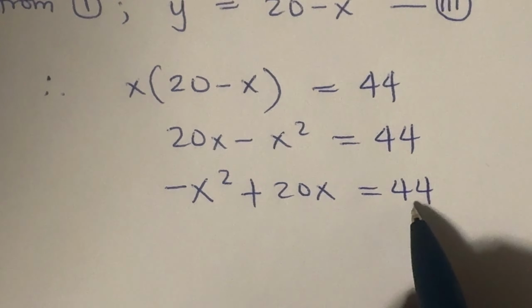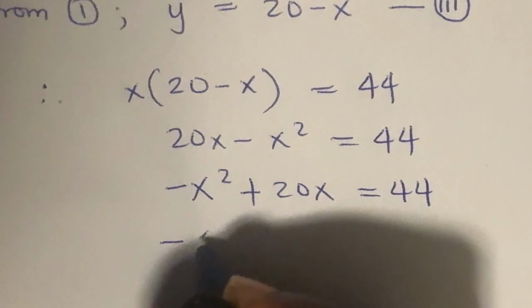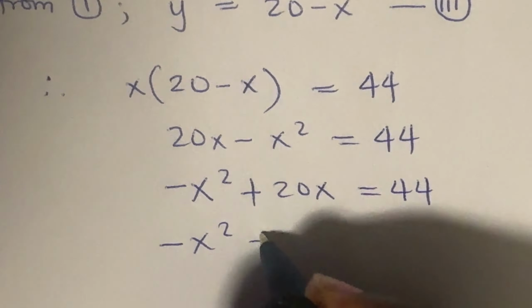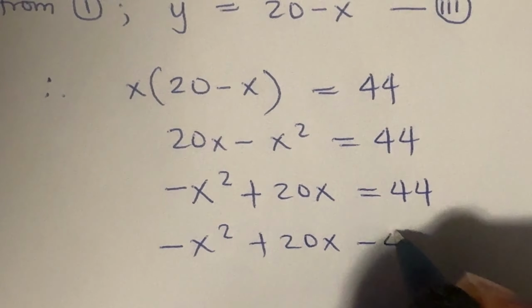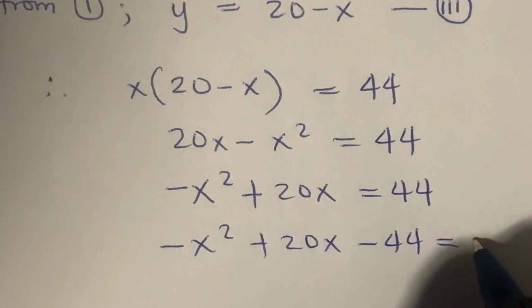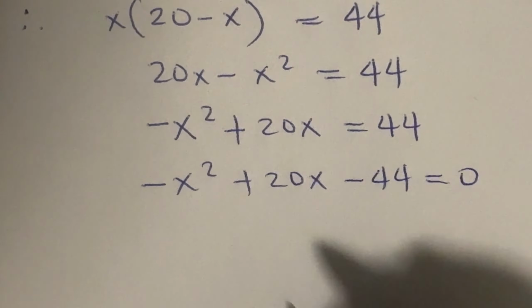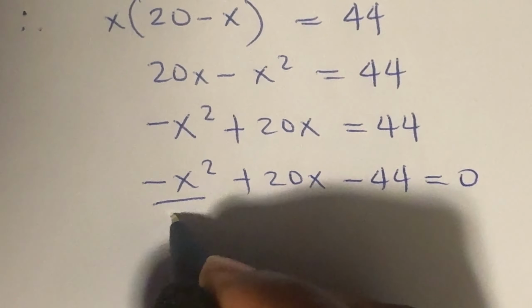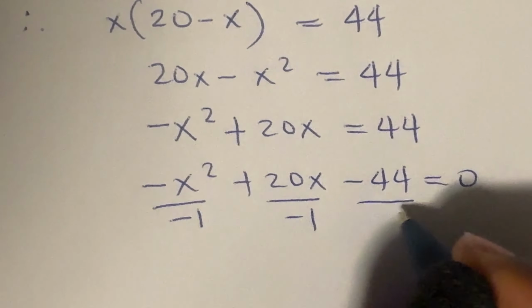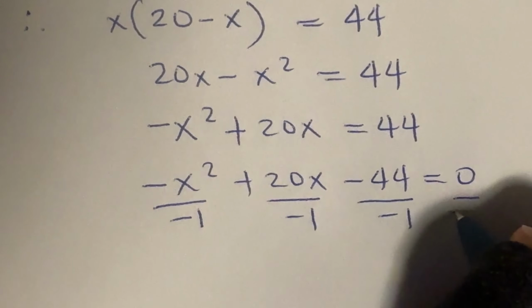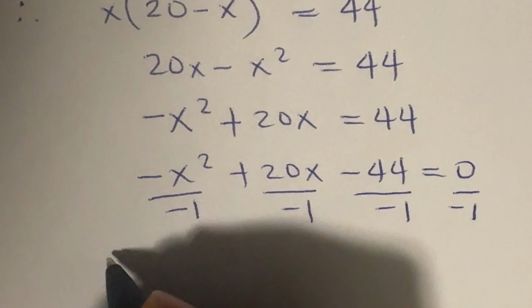I'm going to transfer 44 to the left hand side so that I'll have negative x squared plus 20x then minus 44 is equal to 0. I can divide through by negative 1 so that this becomes positive.